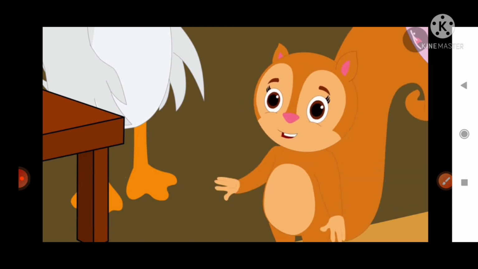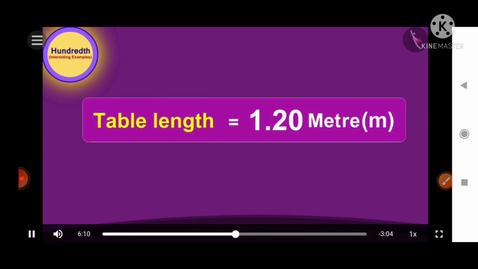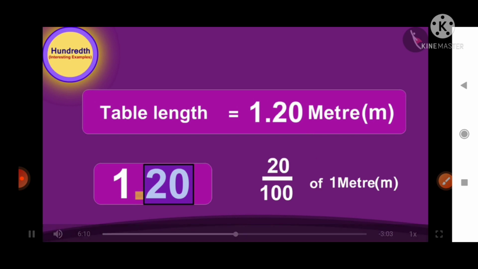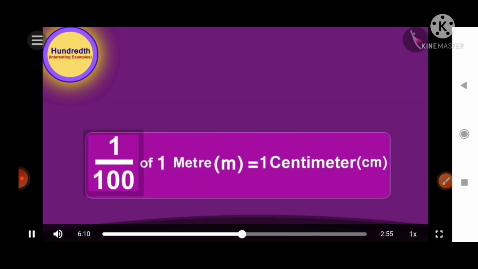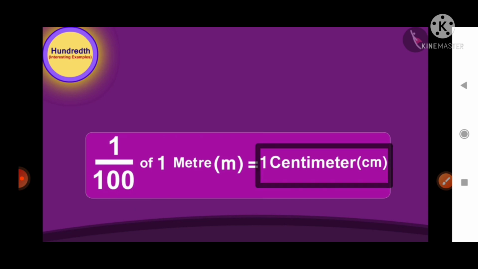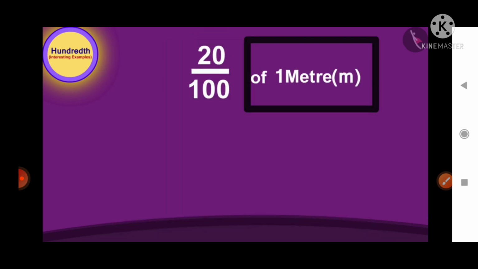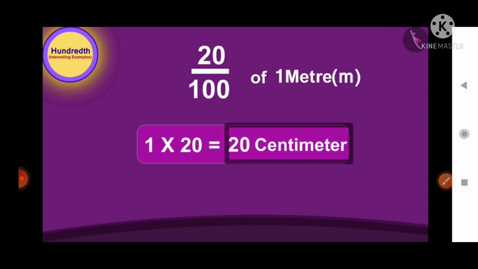Okay, now I understood, uncle. The length of this table is 1.20 meters. 1/100th of a meter is equal to 1 centimeter. 20/100th part of a meter will be equal to 1 into 20 or 20 centimeters. Can you understand, children?